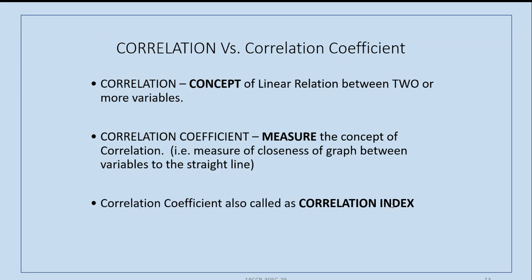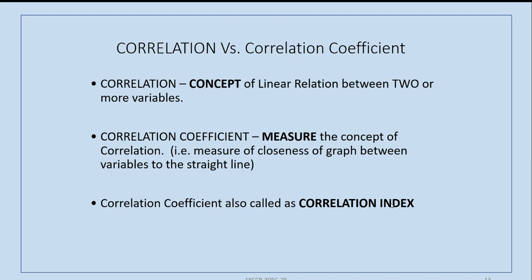Now we will see what is the difference or what is the relation between correlation and correlation coefficient. What is correlation and what is correlation coefficient? Correlation, we have understood that there is a relationship, linear relation between two or more variables. That is a straight relation between the two or more variables.